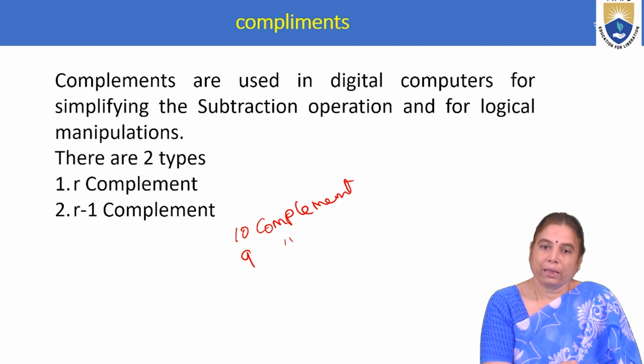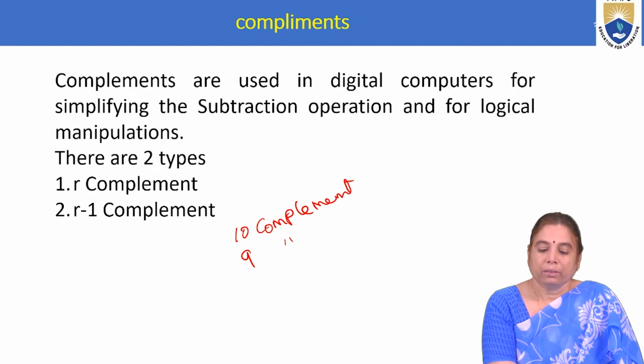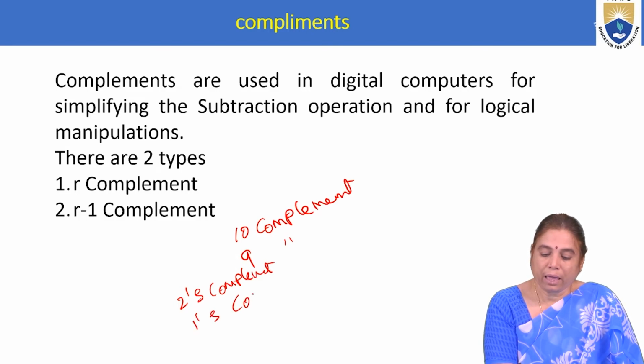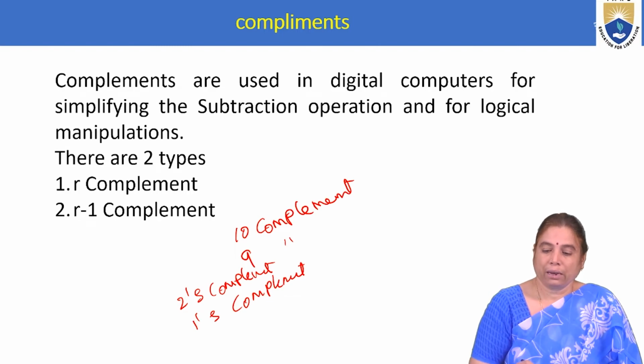In the binary number system, the base complement is the 2's complement and the base minus 1 complement is the 1's complement.